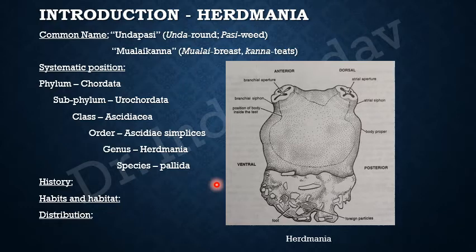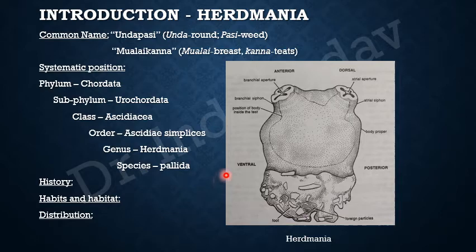Now, what is Herdmania? Herdmania is a sea animal found in the sea, and the fishermen who have a little knowledge of zoology and look at animals as they appear to them have kept the name of this animal Undapasi.